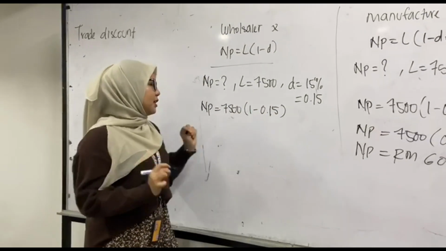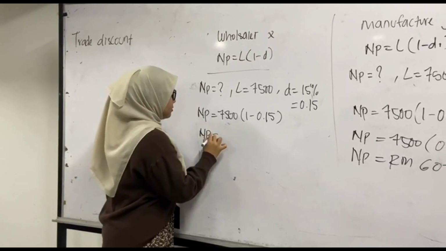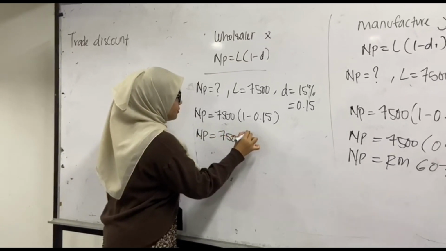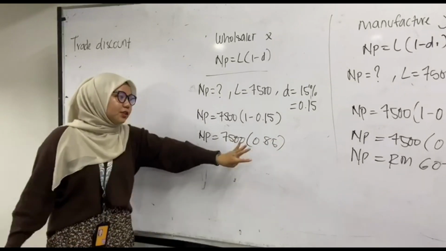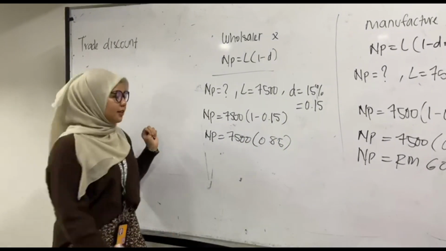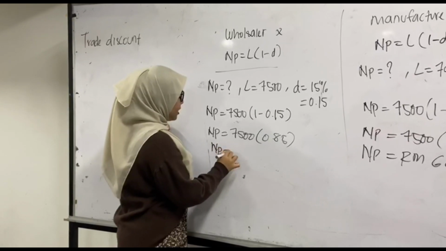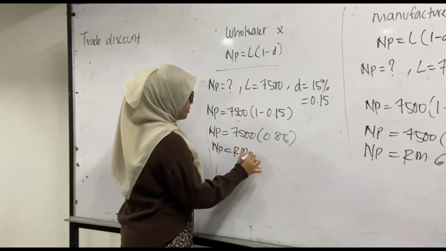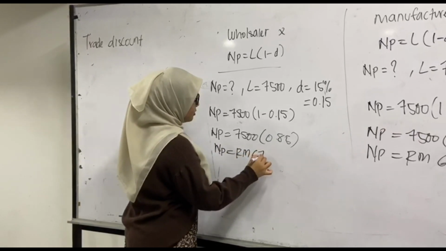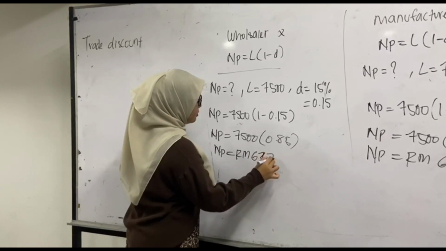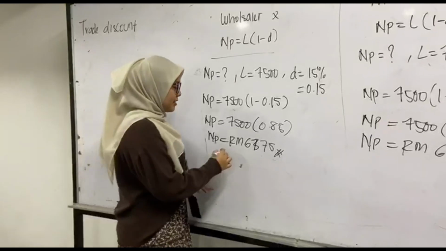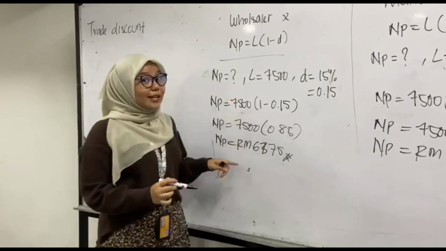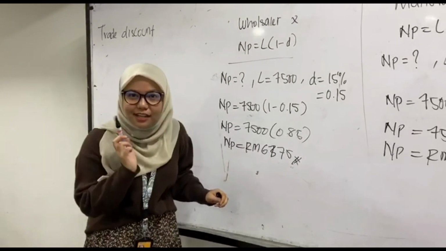You calculate this, and after you get this, you just multiply, and the final answer is 6,375 ringgit Malaysia.